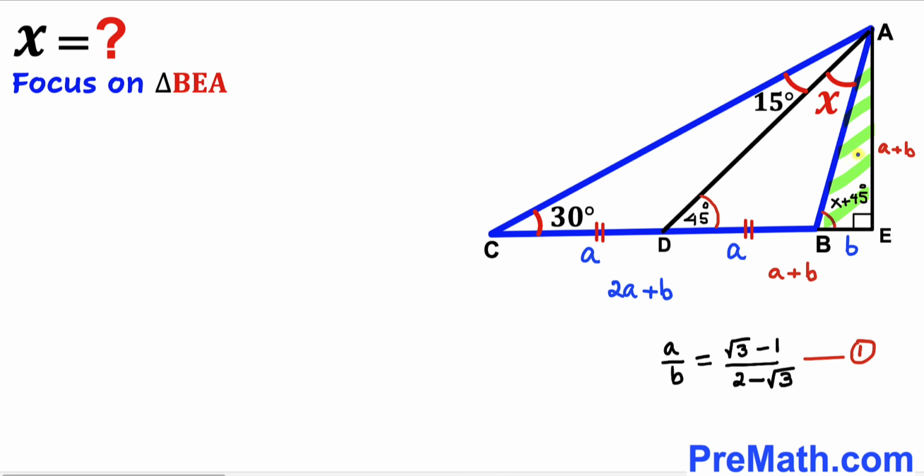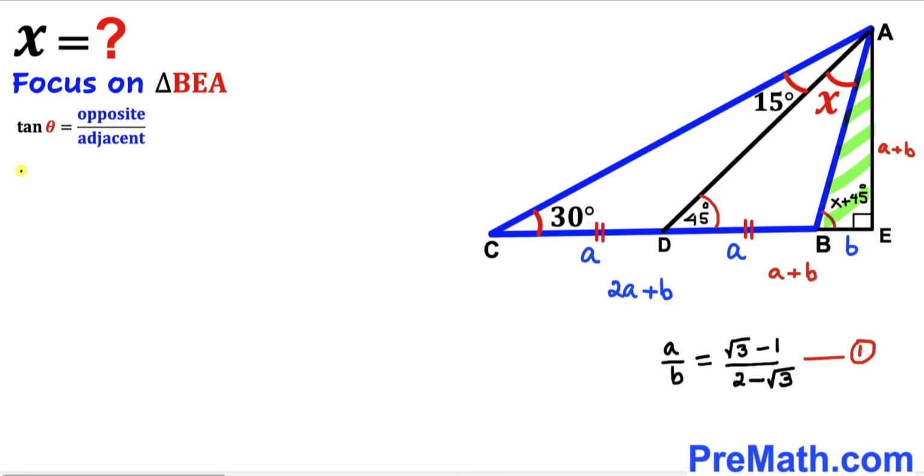Now let's focus on this tiny right triangle BEA and recall this trigonometric ratio once again: tangent of theta equals opposite divided by adjacent. In our case, our angle is x plus 45 degrees. For this angle, this side is going to be our opposite, whereas this lowercase b is our adjacent.